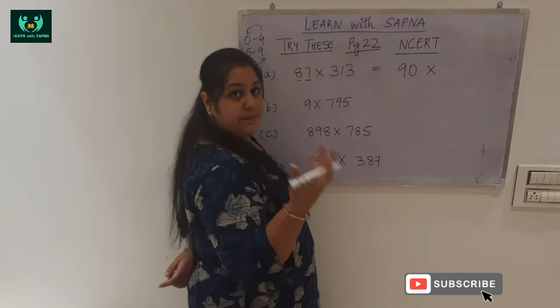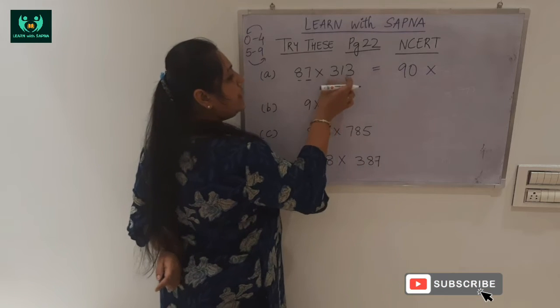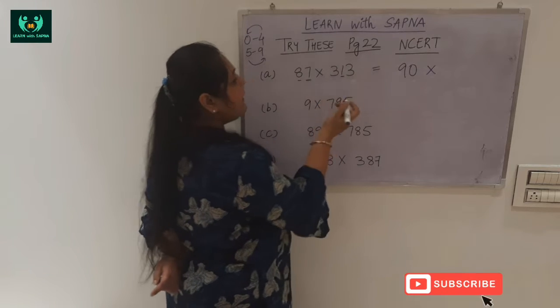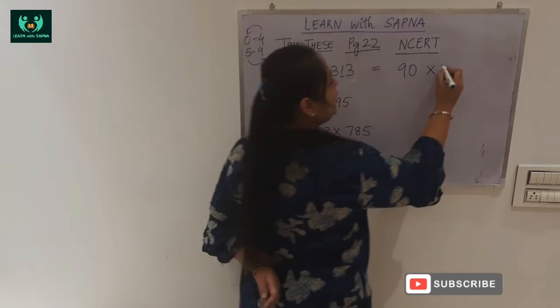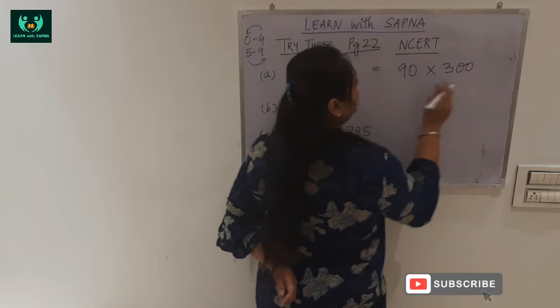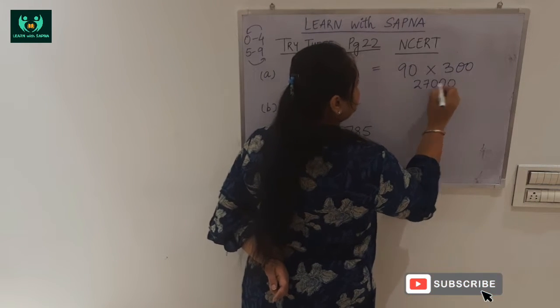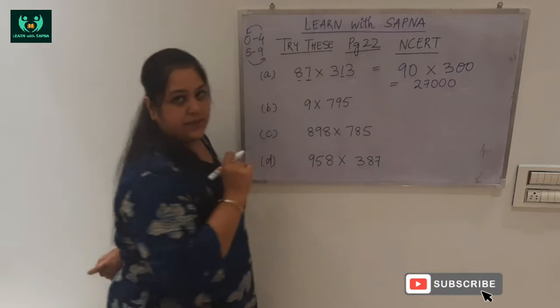We want it more simpler. So 313 we'll approximate it to closest 100. 313 again 1 is in the smaller bracket. This will go into 300. 9 into 3 is 27. So 27,000 is your answer.